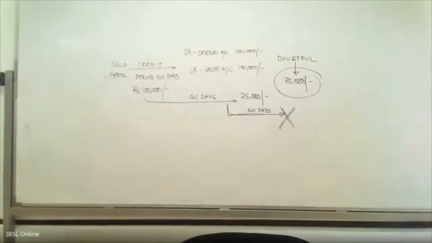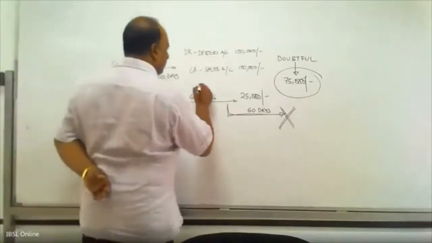According to the accounting terms, when you foresee a loss or a debt turning into doubtful, you have to make certain provisions in your books.